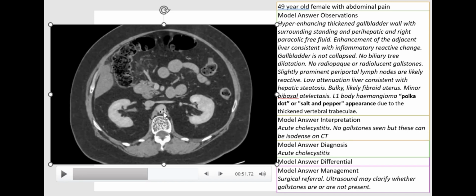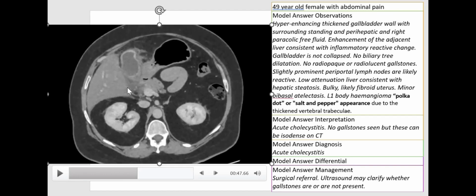This is the first lumbar vertebrae, showing thickened vertebral trabeculae, giving the polka dot or salt and pepper appearance of vertebral haemangioma. So this patient has L1 vertebral body haemangioma.